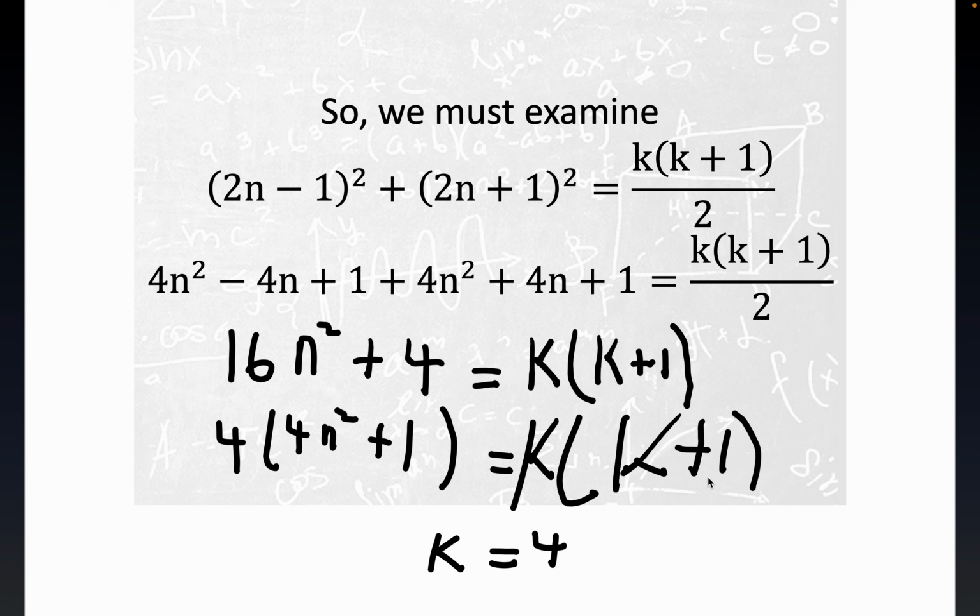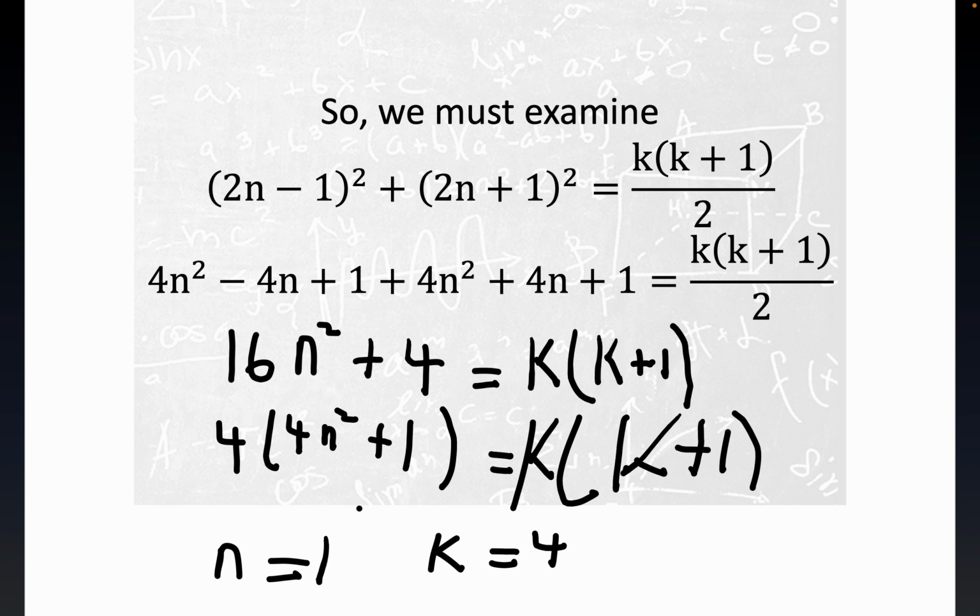That would force k plus 1 to be 5, and this would also force n equals 1. So there's an infinite number of real valued solutions, or perhaps complex solutions, to this equality, but these are the only positive integer solutions, namely n equals 1 and k equals 4.